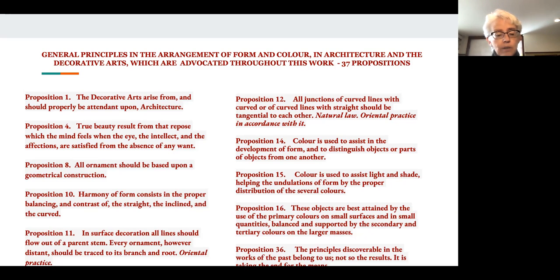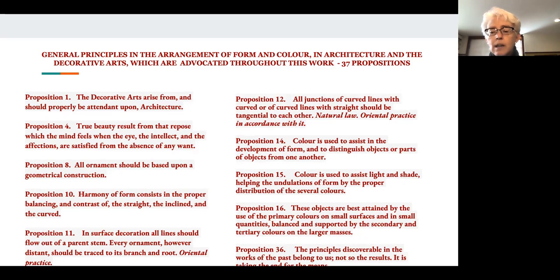Every ornament, however distant, should be traced to its branch and root. And the italics, Oriental practice, are Owen Jones, not mine. Proposition 12, all junctions of curved lines with curved or of curved lines with straight should be tangential to each other. And again, his italics, natural law, Oriental practice in accordance with it.